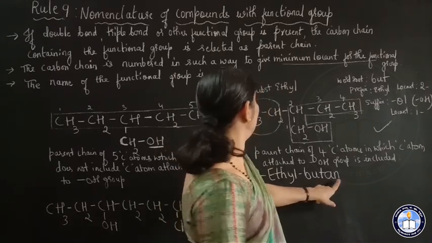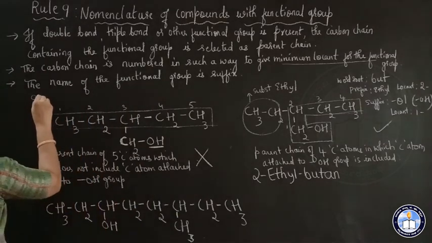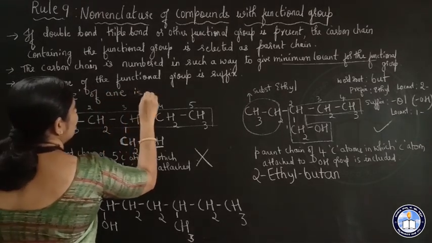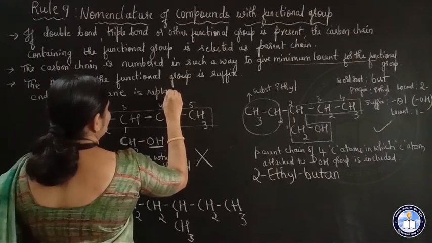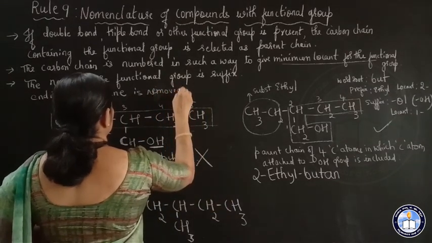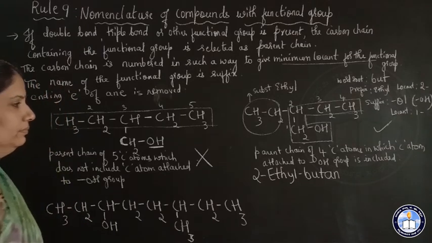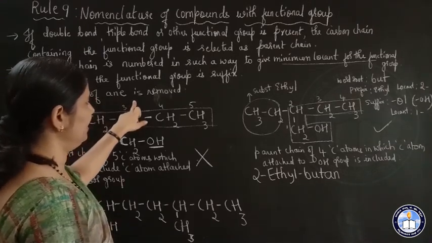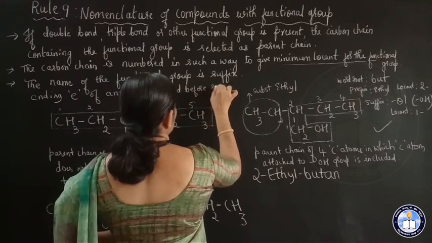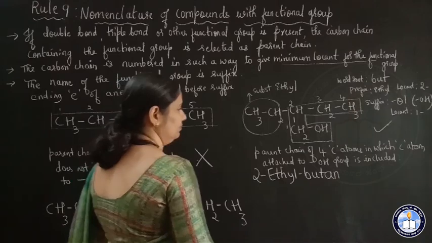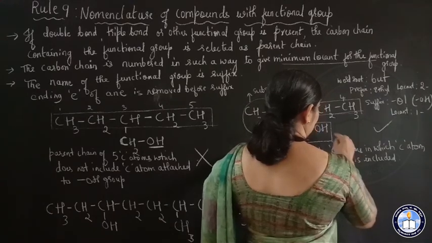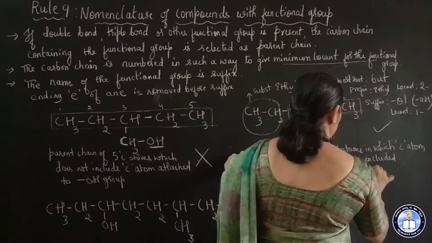The ending E of ANE is removed before the suffix. So butan-1-ol.